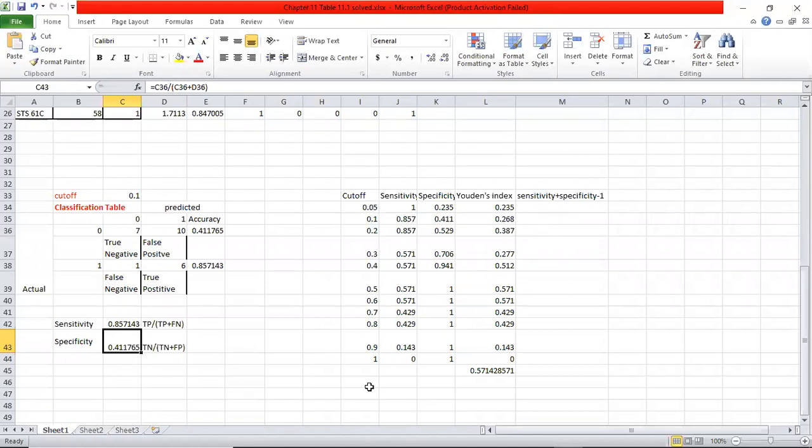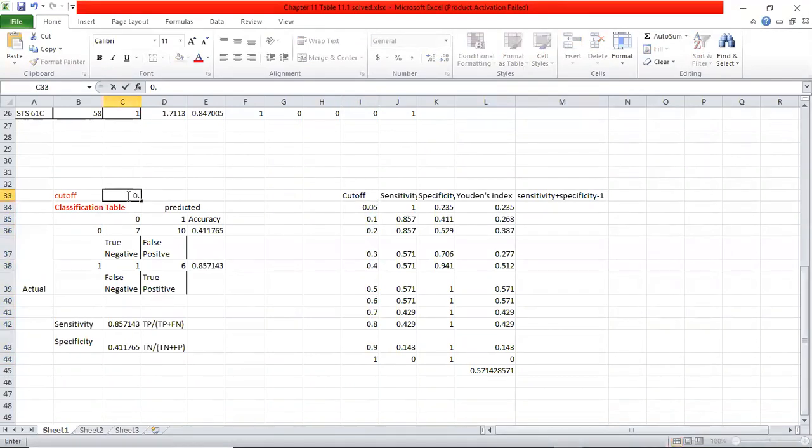From 0 to 1, the maximum cutoff probability can be 1, because probability always lies between 0 and 1. So in different intervals I have taken 0.1, 0.2, 0.3 like that, and given different values.